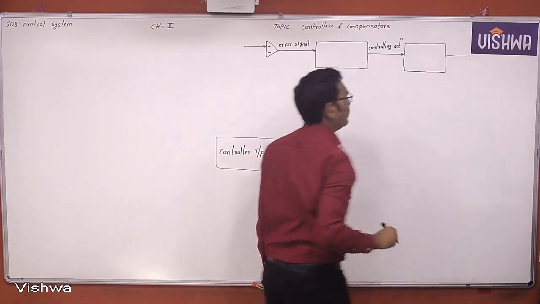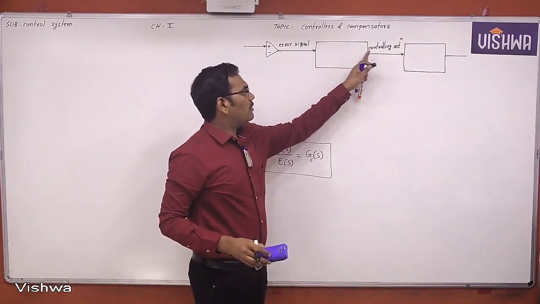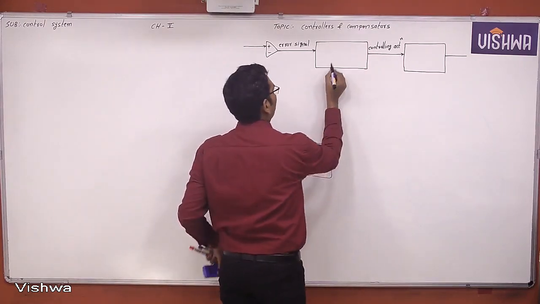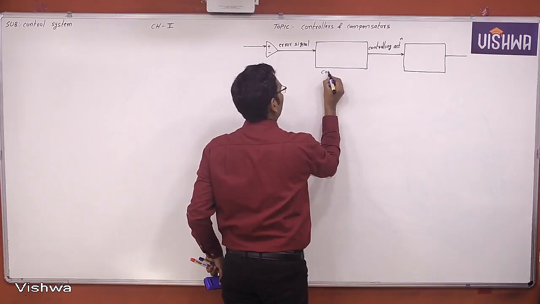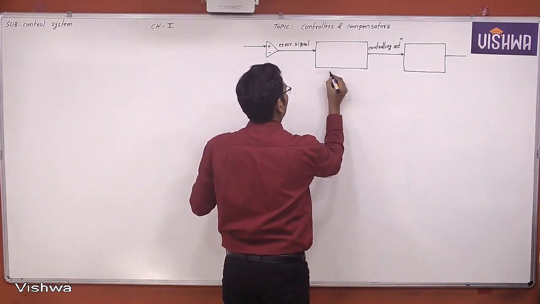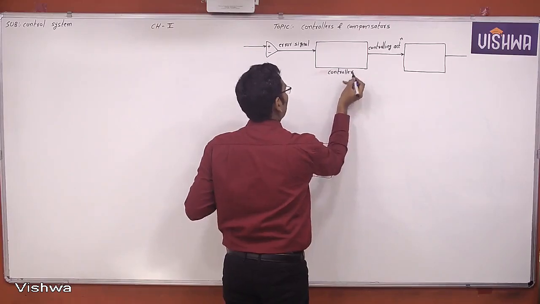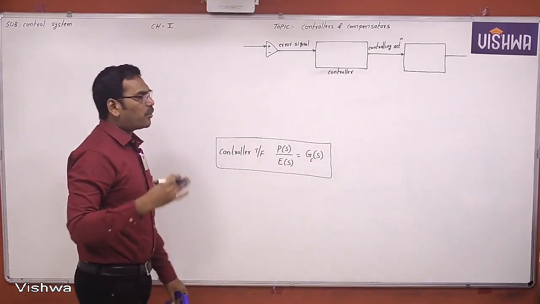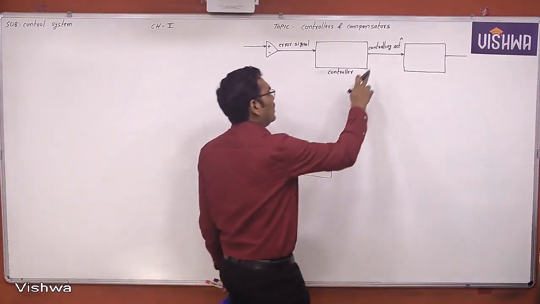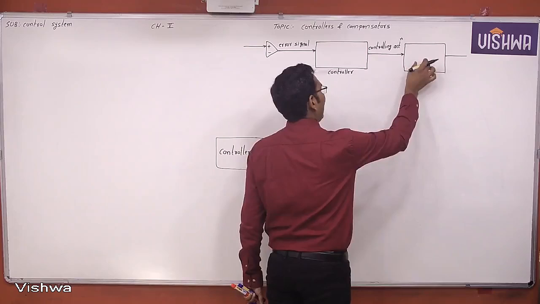Now listen carefully. Based on the error signal, the controller will generate some controlling actions. That controlling action goes and operates on the actual system.